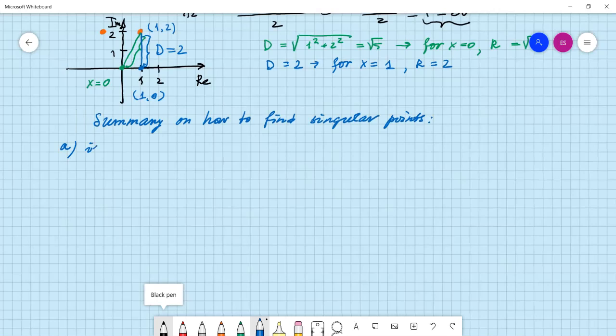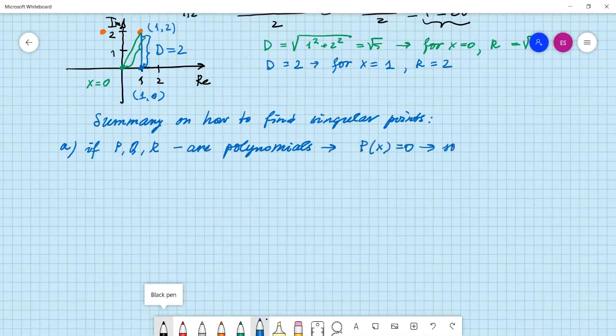A: if P, Q, and R are polynomials, then set up P of x equals 0, and the solutions are singular points.